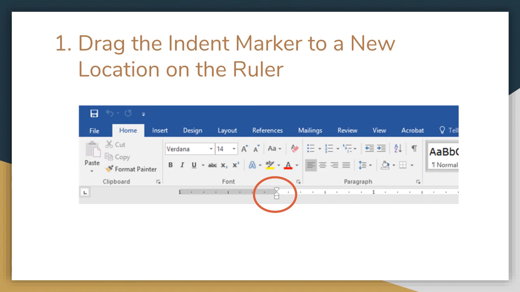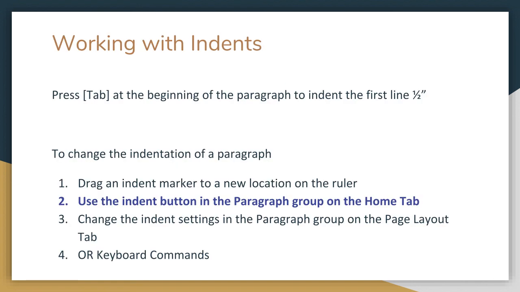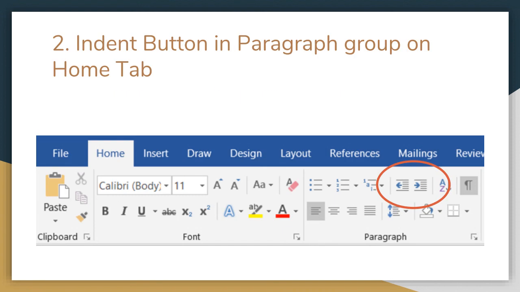Other different ways to change the indentation, besides the tab key, is to drag the indent marker to the new location on the ruler. So that's what I was showing you guys with using the ruler. But you can also use the indent button on the paragraph group on the home tab. So these two buttons here are the indents.